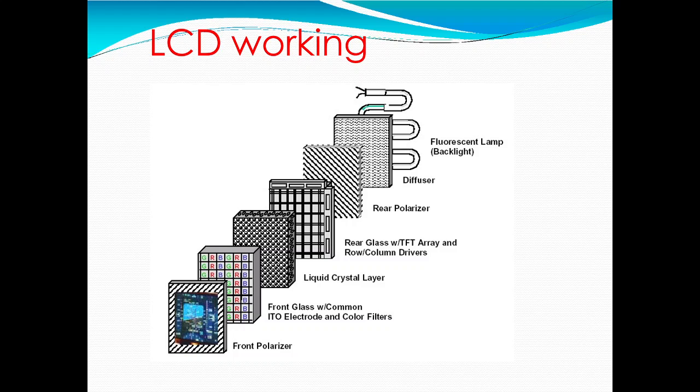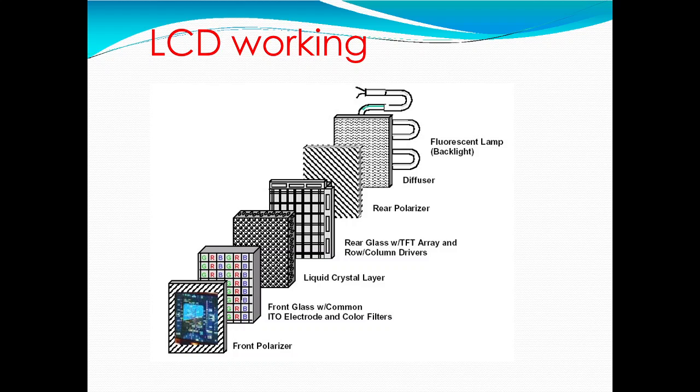So each pixel has a polarization glass filter behind it, and another in front of it at 90 degrees. Normally the pixel looks dark. First of all, without any electric field we can say it looks dark. In between these two polarizing filters there is a tiny twisted nematic liquid crystal that can be switched on and off electronically.